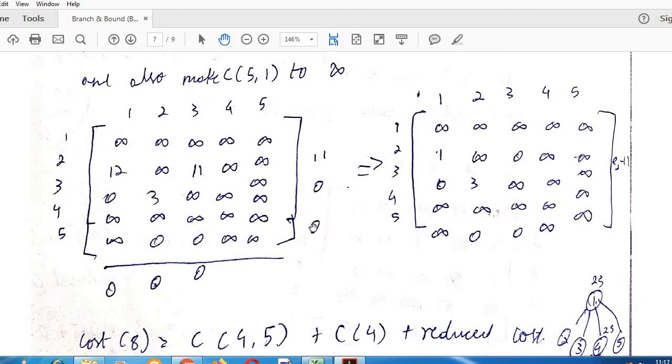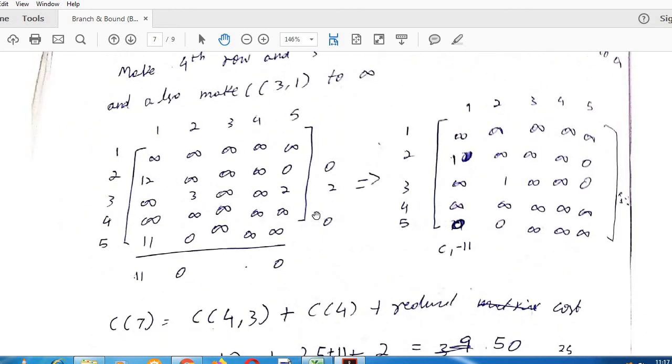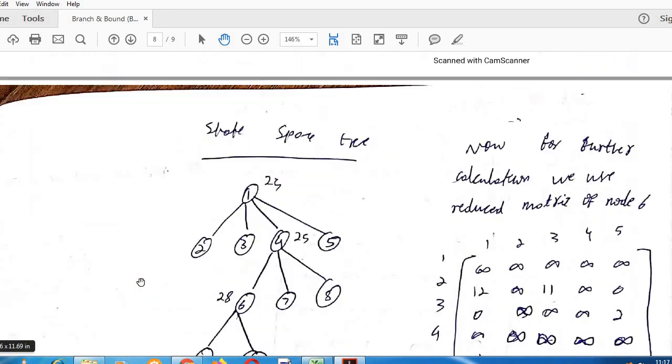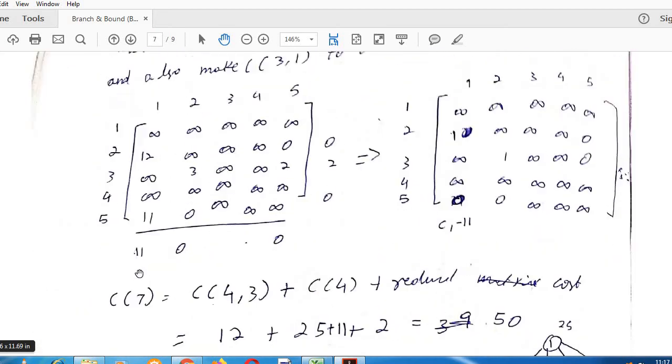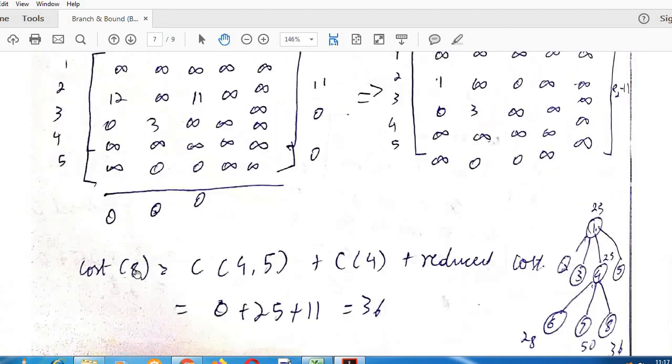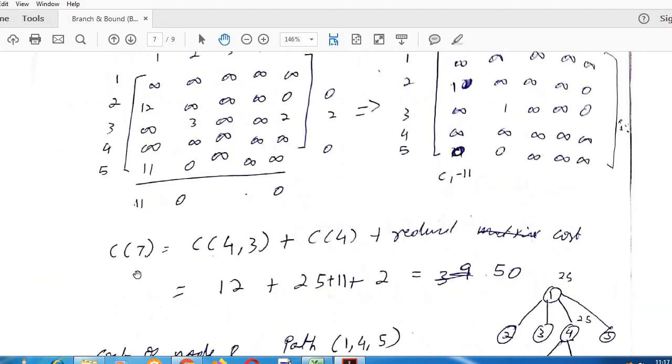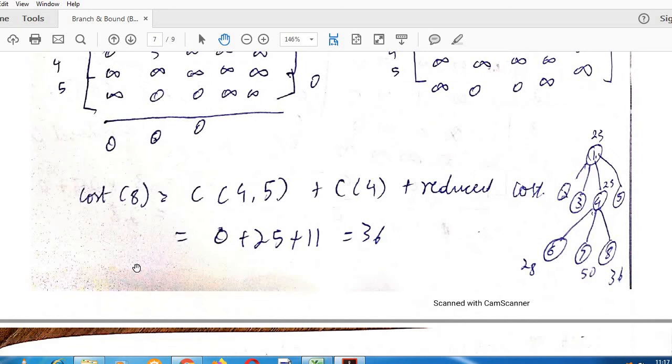Let me take an example. If in the fifth row you are getting 0, even if you subtract 0, the values remain the same. At that time you can apply column minimization, and you get a minimum value of 11, but that is not the case here. I am pointing this out so that you do not make the same mistake in the exam or your internals.